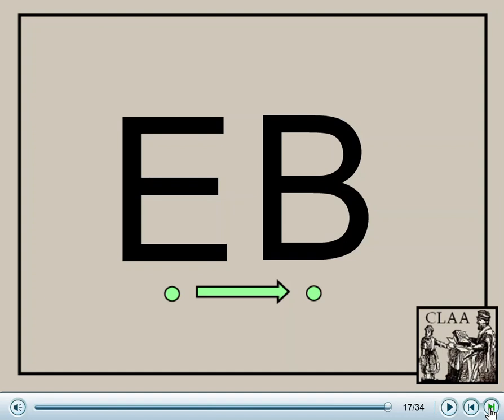Let's try reading another syllable. We're going to begin with the vowel A and finish with the consonant B. The vowel A makes the sound A, and the consonant B makes the sound B. We're going to point to the dot under the vowel A and continue the sound along the arrow until we finish with the sound of the consonant B. Ready?